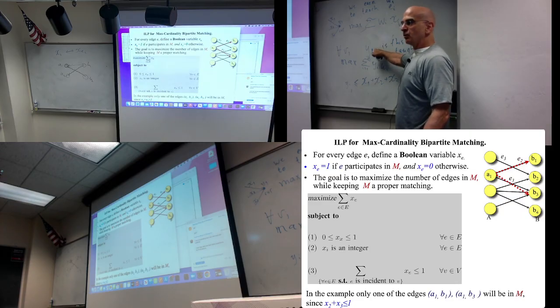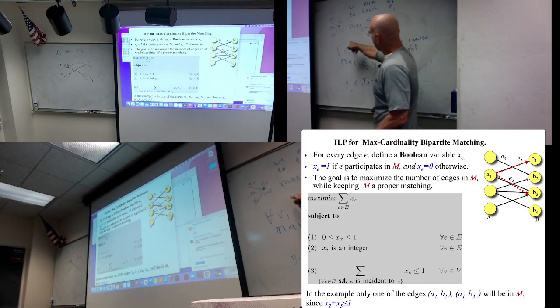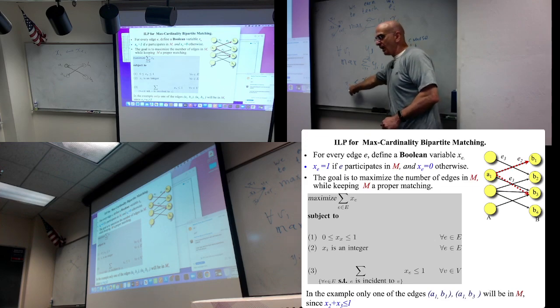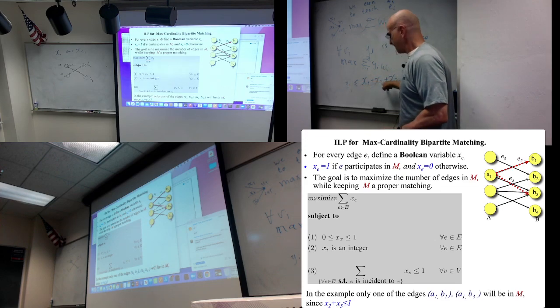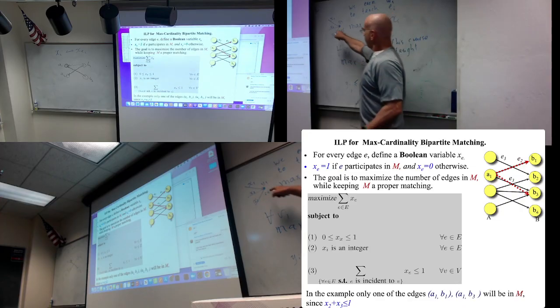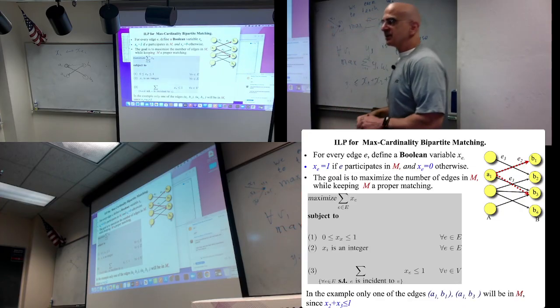How can I make sure that the course is taught only if one of the edges that are related to this course is being taught? I'll say yi is smaller or equal than x1 plus x2 plus x3, where x1, x2, x3 are the edges that connect to this course.